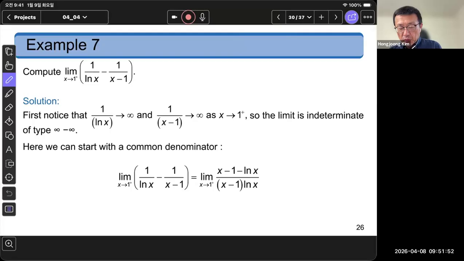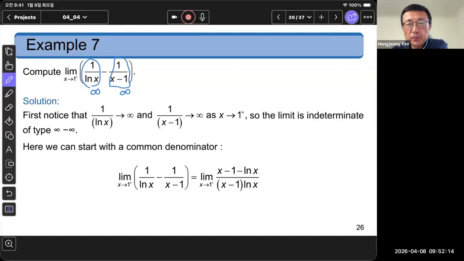As x approaches the value 1, 1 over log x diverges to infinity, and 1 over x minus 1 also diverges to infinity. So an infinity minus infinity type problem is given, and I need to do something.